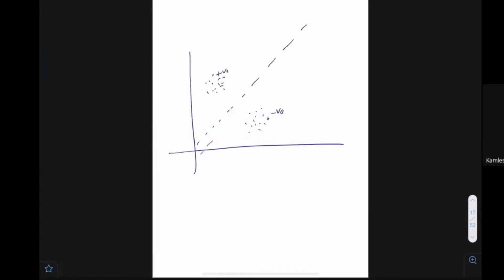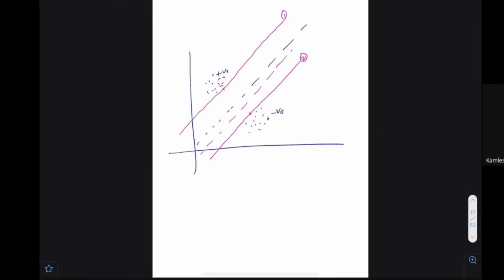The answer is that these are the two bad choices, number one and number two. They are the worst choices for the hyperplane because their margin is very small.